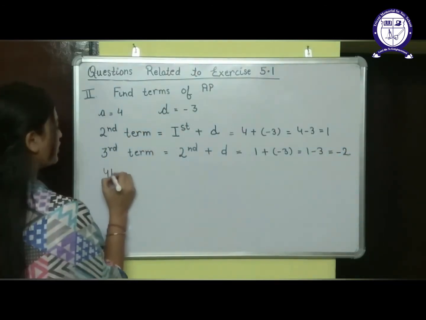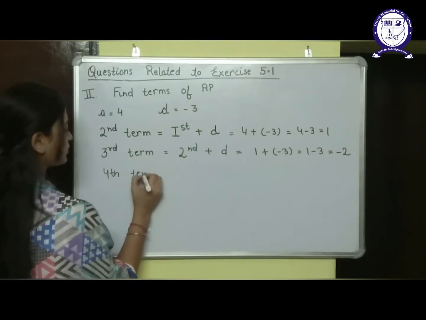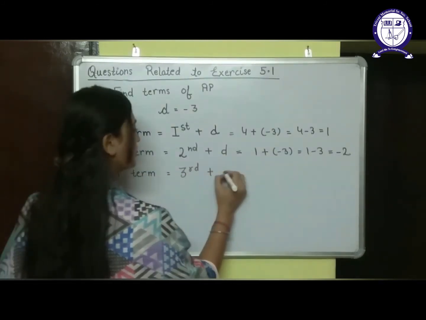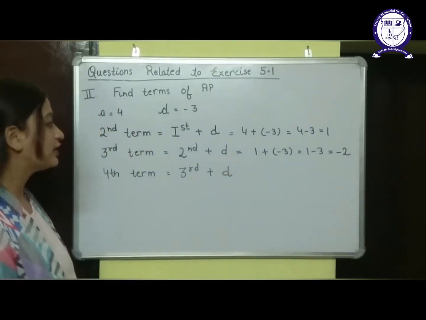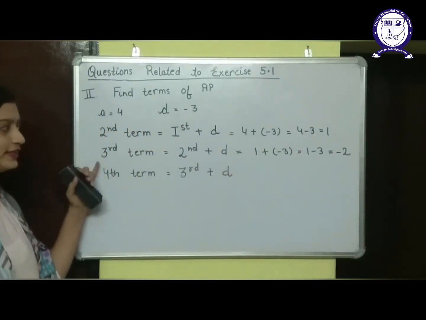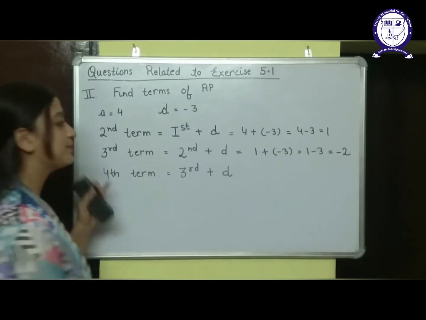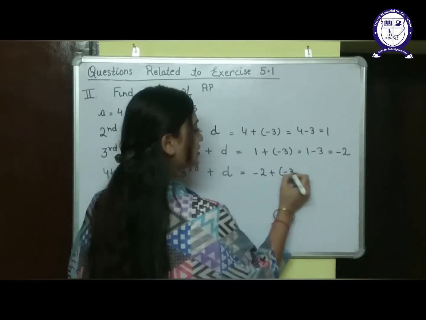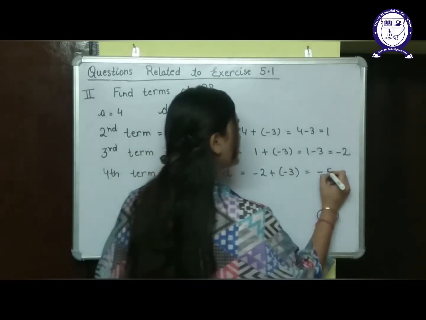Now the fourth term will be third term plus D. So third term was which I obtained in the previous step, that is my minus 2 and then plus minus 3, that is minus 5.